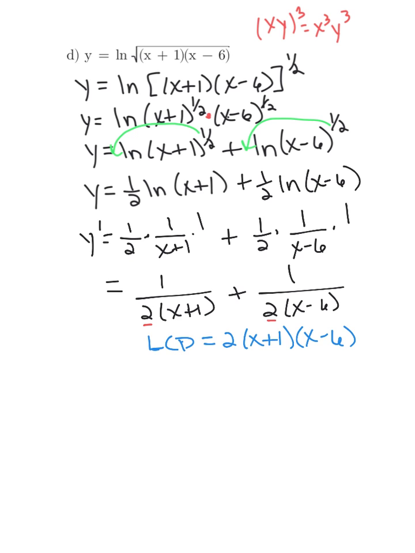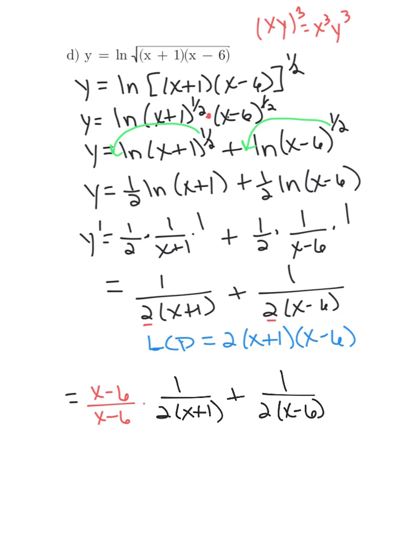So on our first fraction, we are missing the x minus 6. So we're going to have to take top and bottom of that first fraction times what we're missing, the x minus 6. For the second fraction, what's missing is the x plus 1. So we're going to take that times x plus 1, top and bottom.